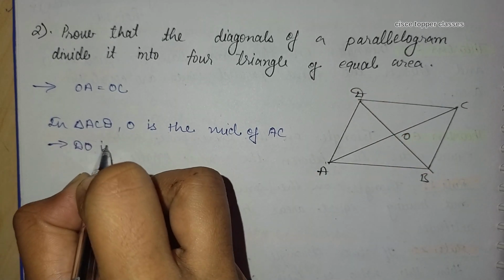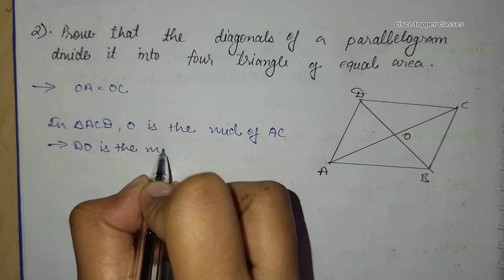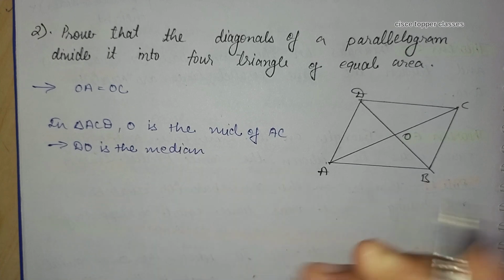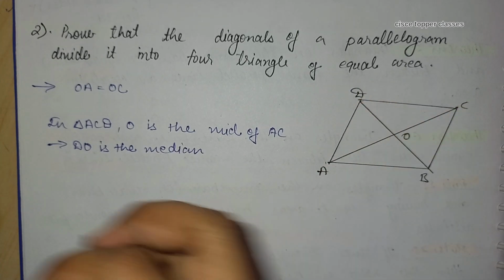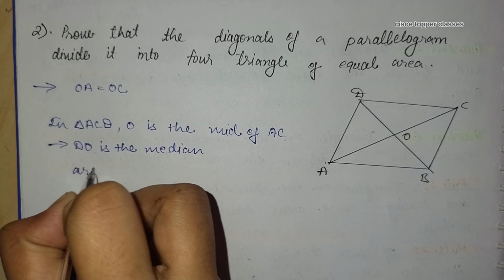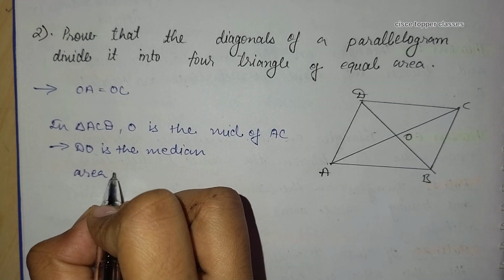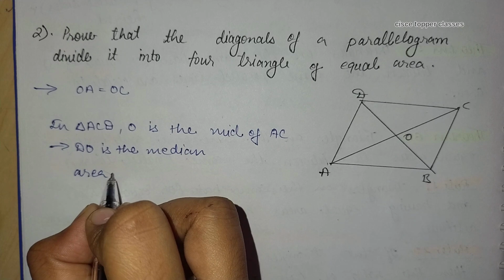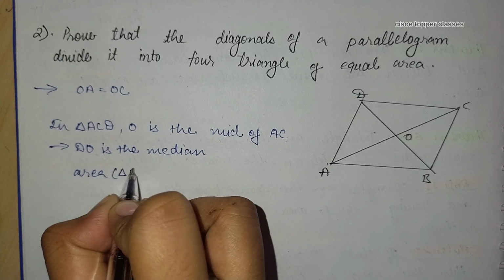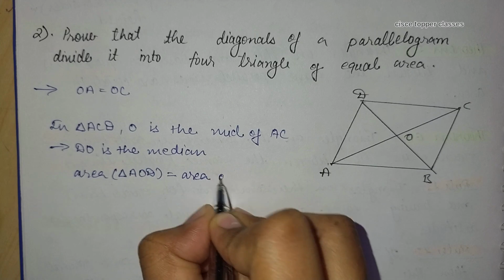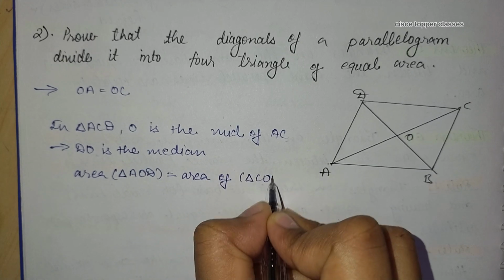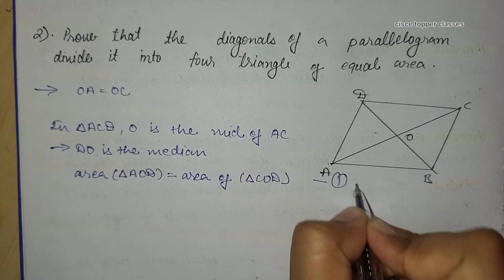If DO is the median, we have two equal triangles, ADO equal to COD. If they are congruent, the area is also equal. So the area of triangle AOD is equal to the area of triangle COD. Let it be the first equation.